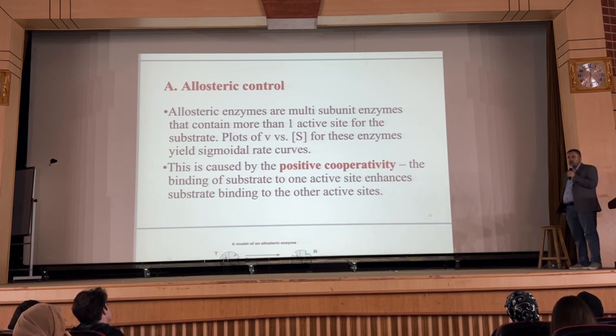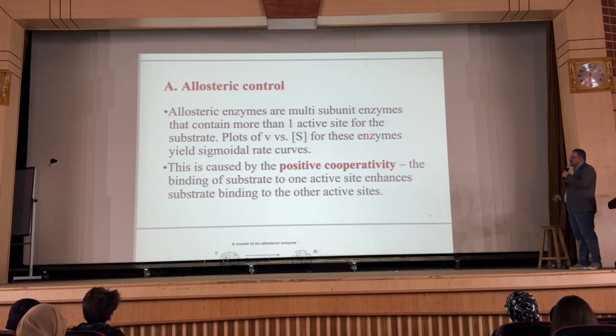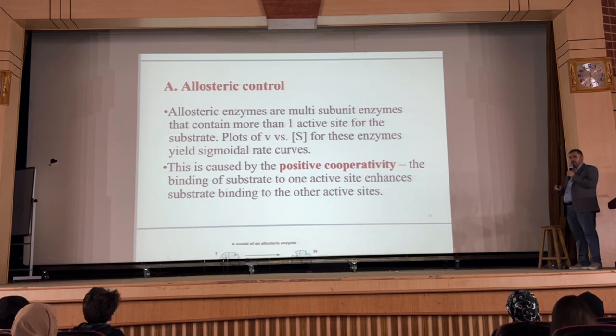Allosteric enzymes are multi-subunit enzymes that contain more than one active site for the substrate. Usually they contain multiple sites.